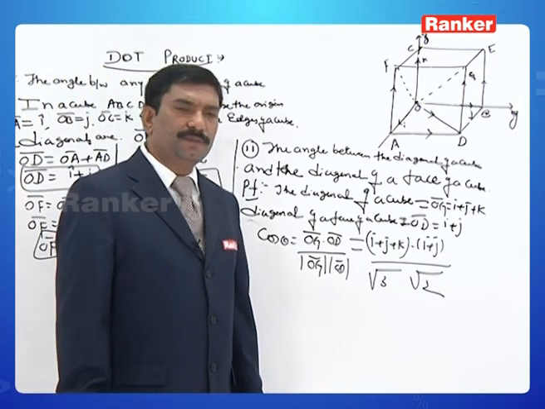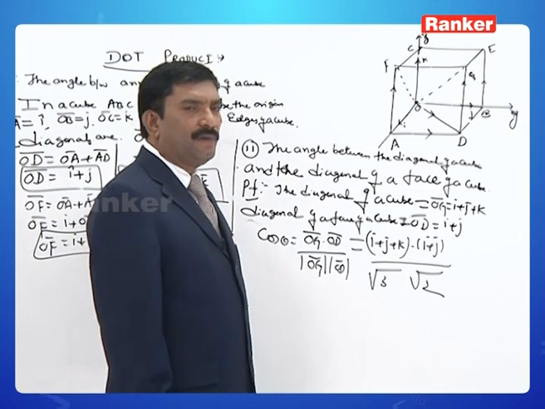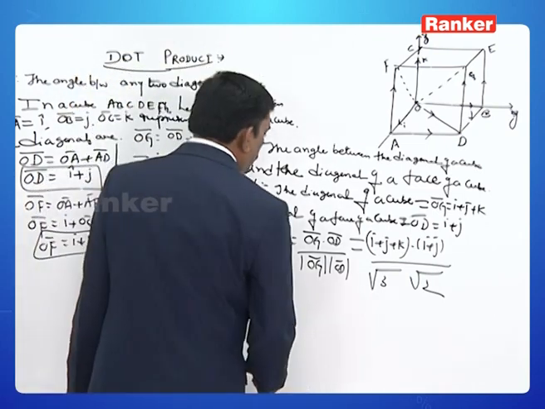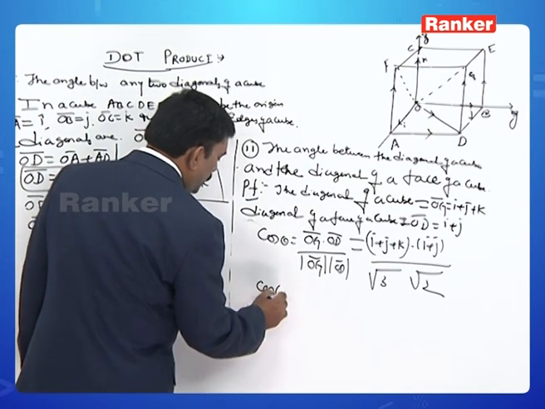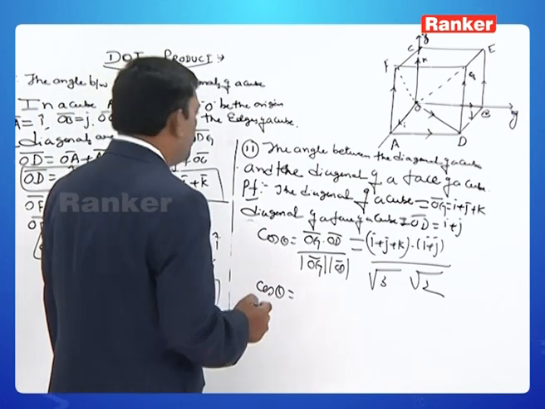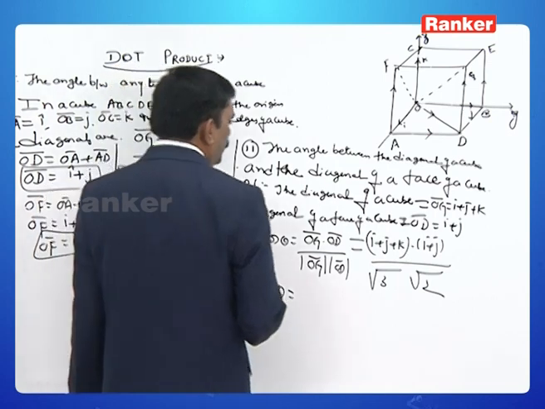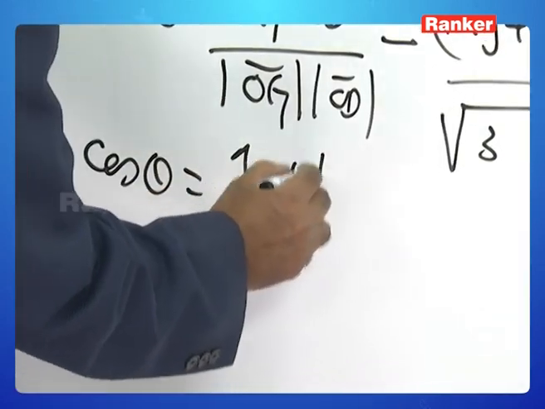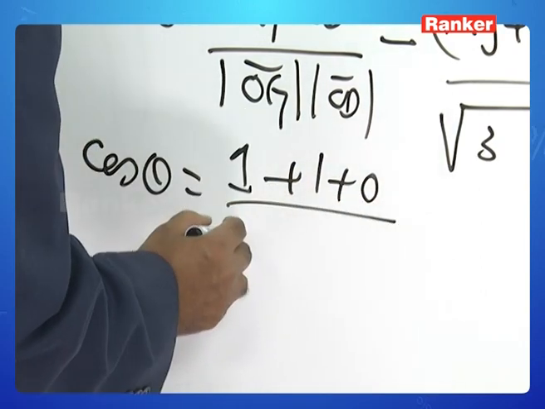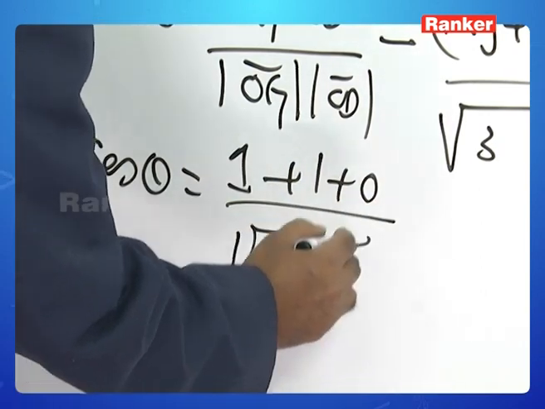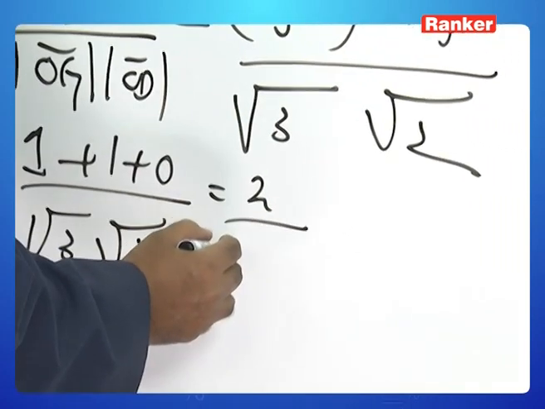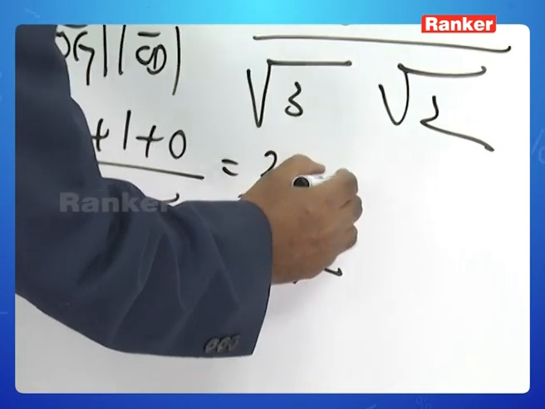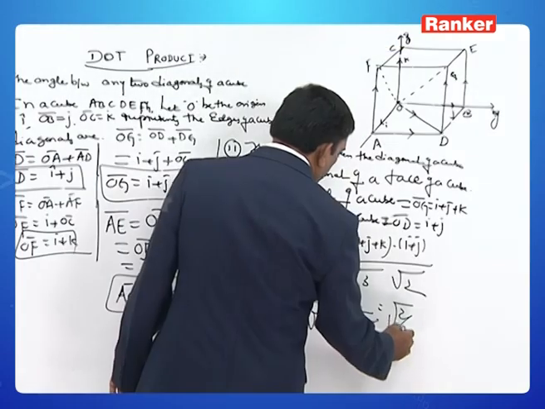Now I want to find out the angle between the diagonal of a cube and face diagonal, OZ bar dot OD bar. Take the dot product. Cos theta is equal to I dot I 1, j dot j 1, next 0, by root 3 into root 2, that is 2 by root 3 into root 2. This is nothing but root 2 by 3.